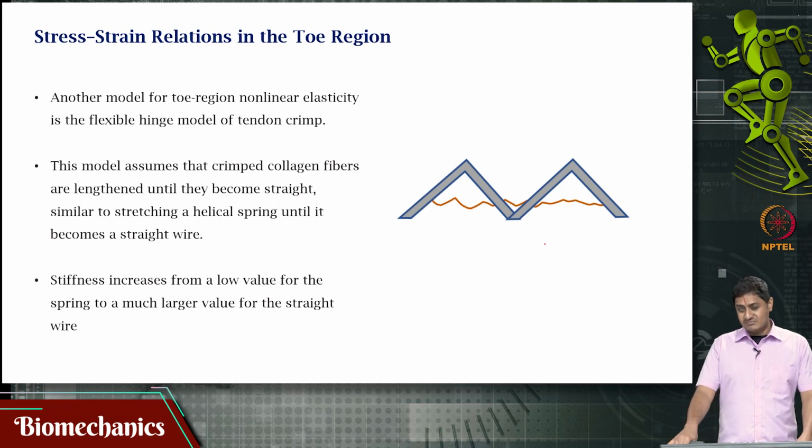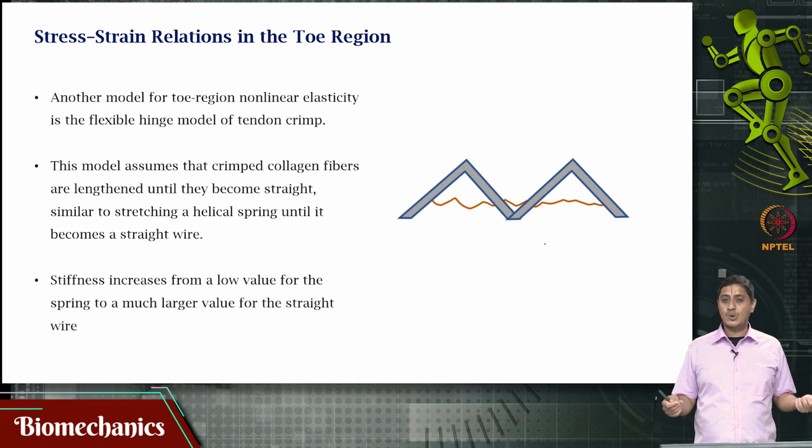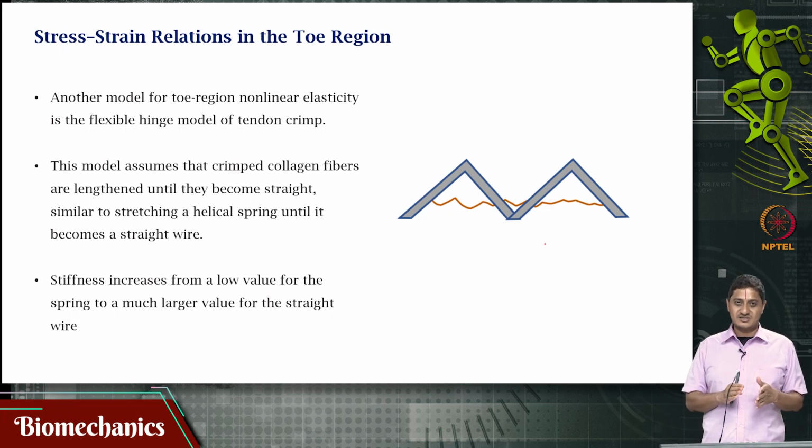By the way, this is not an exact comparison, because if you completely stretch a helical spring into a wire, it is not going to go back to its state, because that behavior is going to be plastic, or the elongation that has happened would have caused a plastic, non-elastic change beyond the region of elasticity.